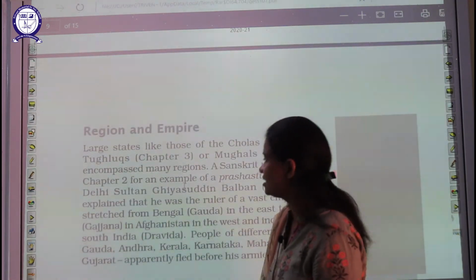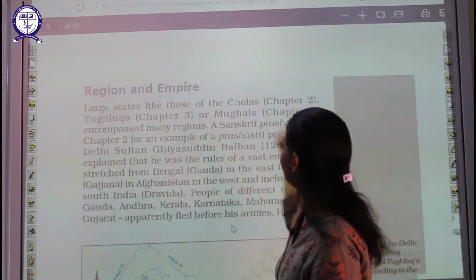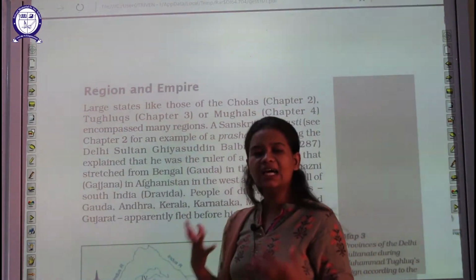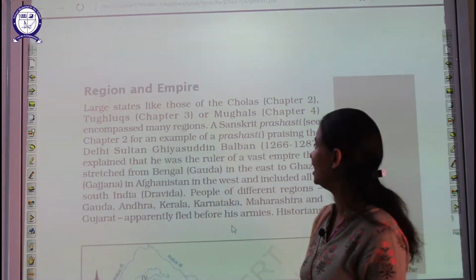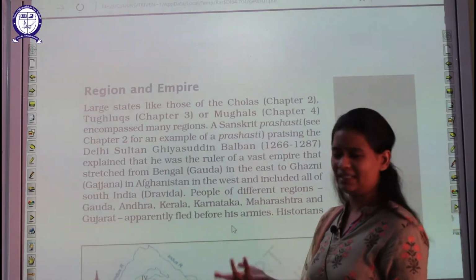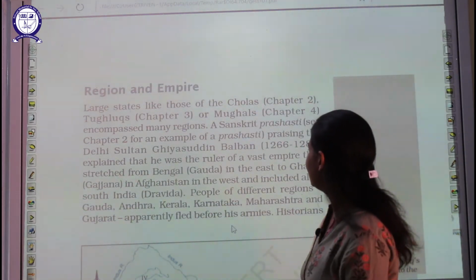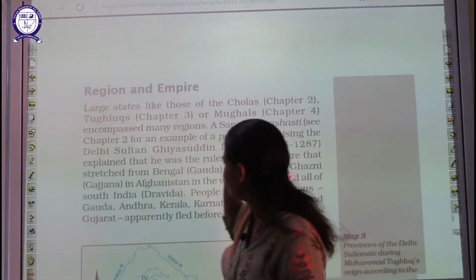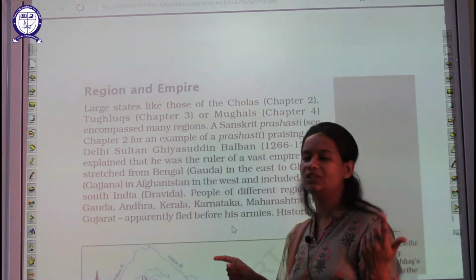And the next is the region and the empire. Now you can see here, students, many large states or dynasties arrived during this time period, like Cholas, Cheras, Pandyas. They came into existence by this time period. Now what is said here, a Sanskrit Prashasti, we discussed this in the earlier chapter also.